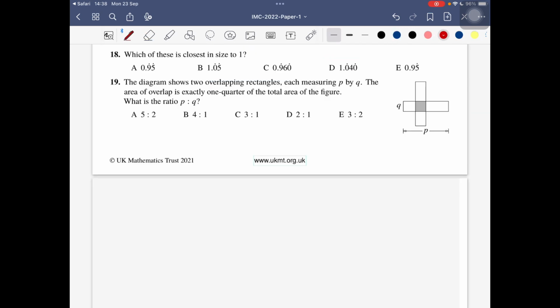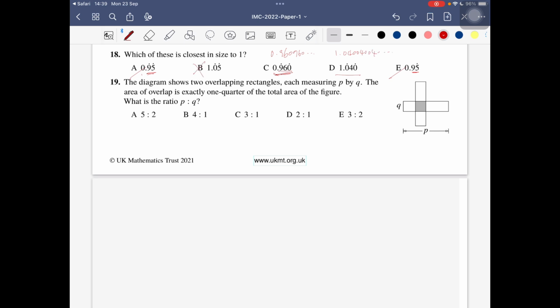Number 18, closest to the size of 1. Anyway, this is 0.95, and this is 0.960. This is 0.955. So anyway, this and this cannot be the answer. And from here 0.960, and this is 1.04004040, something like this.